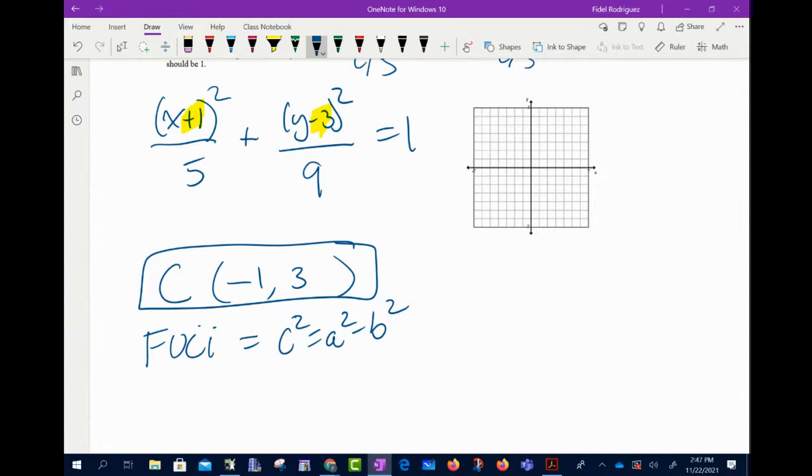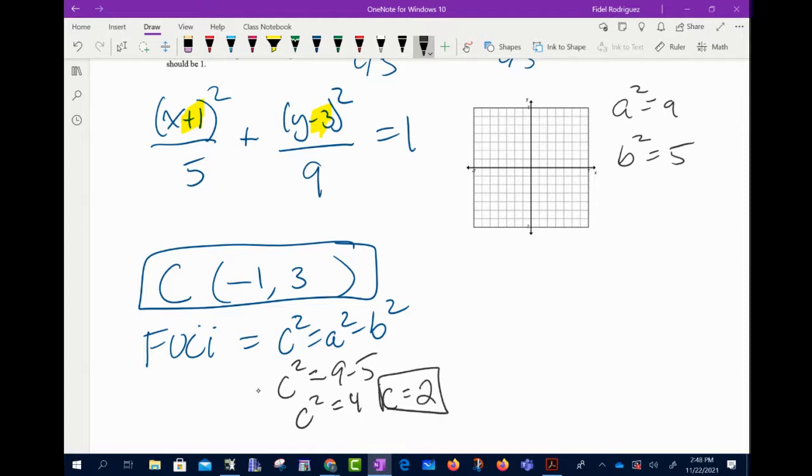Easiest way to think about this: which is the bigger of the two numbers on the bottom? So a squared is equal to 9, and b squared is equal to 5. So we're going to say c squared equals 9 minus 5. 9 minus 5 is 4. So everybody agrees c has to be 2?